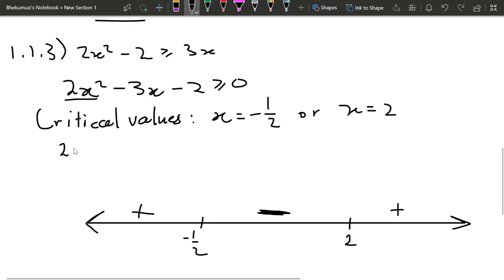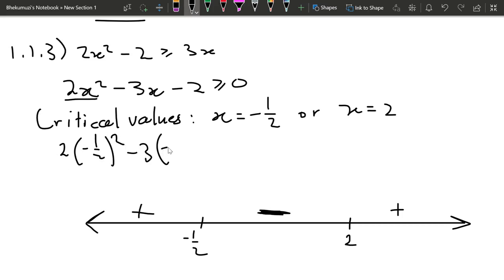If we say it's 2 of negative 1 over 2 squared minus 3 of negative 1 over 2 minus 2, then this would be 1 over 4 times 2, that's 1 over 2, minus, okay, positive 3 over 2, minus 2.